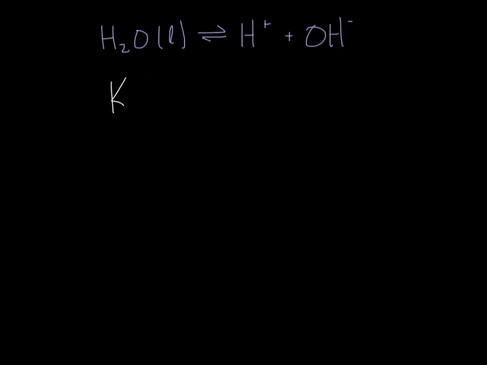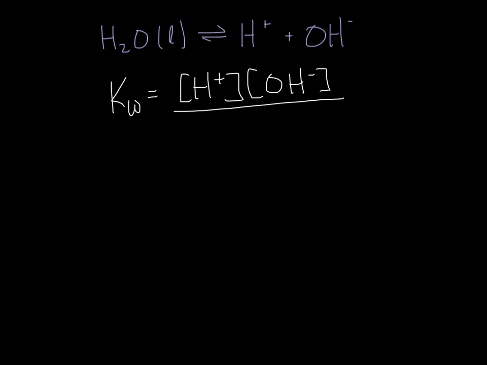We set it equal to Kw because when we're finding the equilibrium constant of water, we write it as Kw. So it's equal to the concentrations of our products multiplied together, H plus times OH minus, divided by the concentration of our reactants.